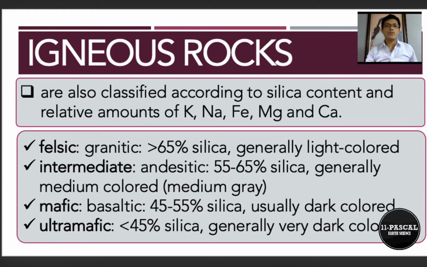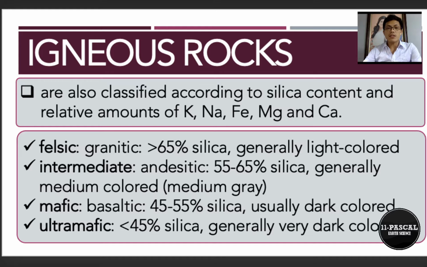We can also classify igneous rocks according to their composition. They are classified according to the silica content and relative amounts of potassium, sodium, iron, magnesium, and calcium. So they can be differentiated into felsic, intermediate, mafic, and ultramafic.